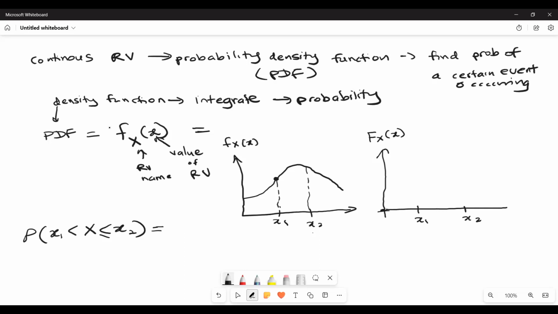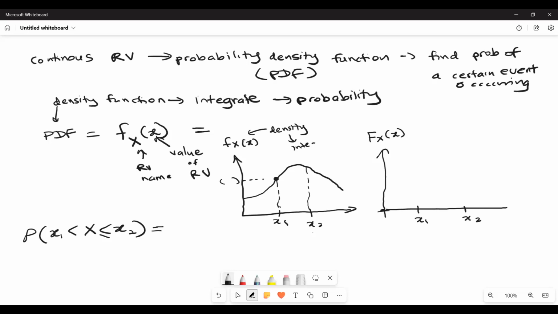But that probability we cannot find by taking this point exactly. Whatever the value we have here does not give the probability of having x1. Okay, so that we need to keep in our mind, right? This is a density function. The value of the density function will only come from integration.